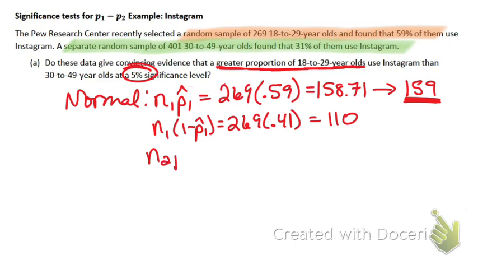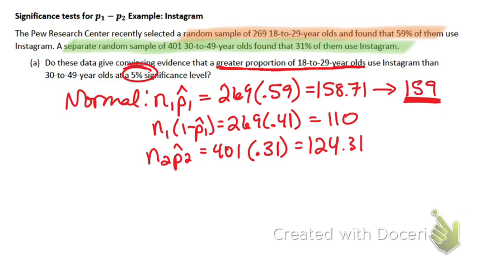Now we're going to check N2 P hat 2. 401 times 0.31. What is 401 times 0.31? So, can I have that as my number of successes?